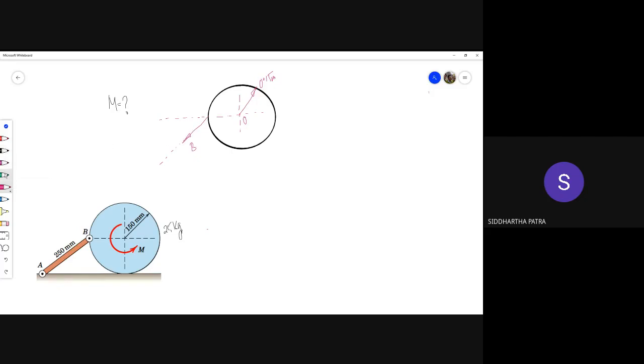if I were to give the direction, that would be 3:4:5. That is a slope. So 250 and 150, right? So 3:4:5 gives you the slope of the force at B. And then there is a moment externally applied.